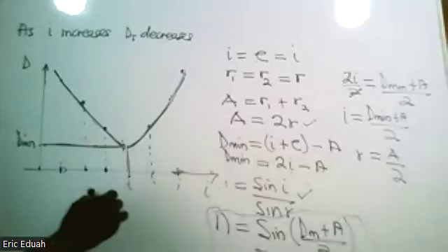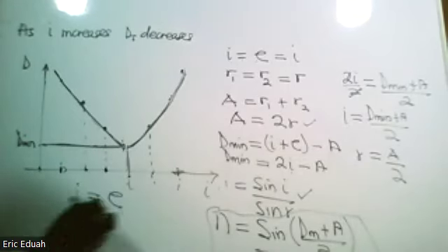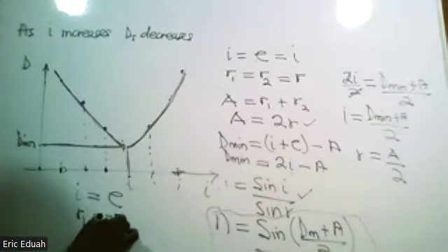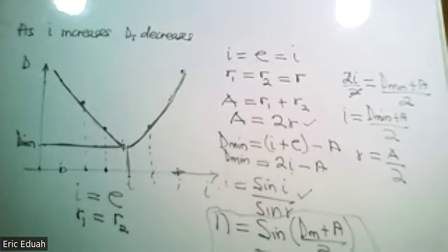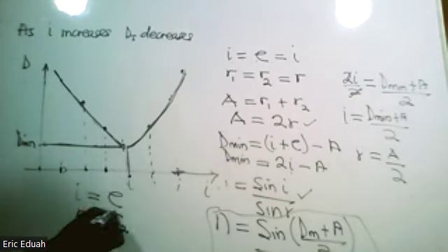Out of which we have that the angle of incidence equals the angle of emergence, r1 equals r2, and so on and so forth. So this is the deviation against angle of incidence graph, and then the condition for the minimum deviation. So at this i and this angle, we have this condition.